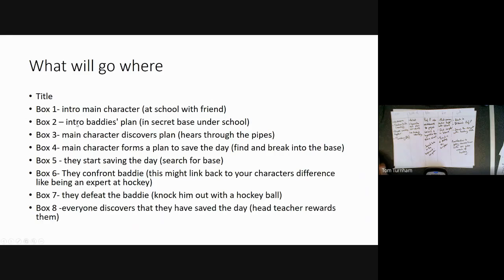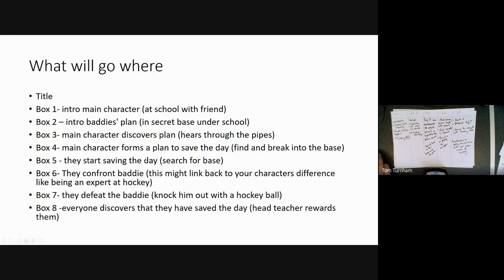I'm going to introduce in box number 2 my baddie in the basement, talking about his evil plan. So he's going to be talking to himself about his evil plan. That's box number 2. Box number 3 is going to be my main character, Jill, hearing that plan. So she will have gone to the toilet, been in the toilet, and she will hear that plan. In box number 4, Jill, Nazim and Ben, they're going to form their plan to save the day.